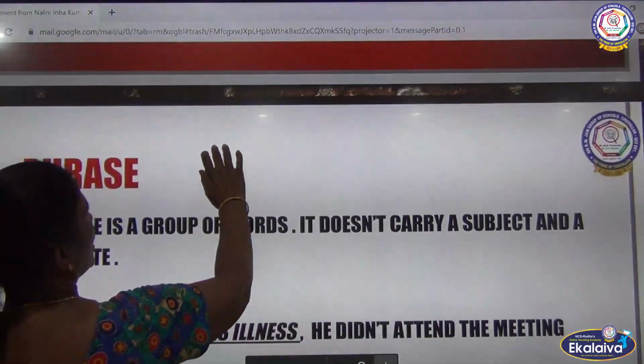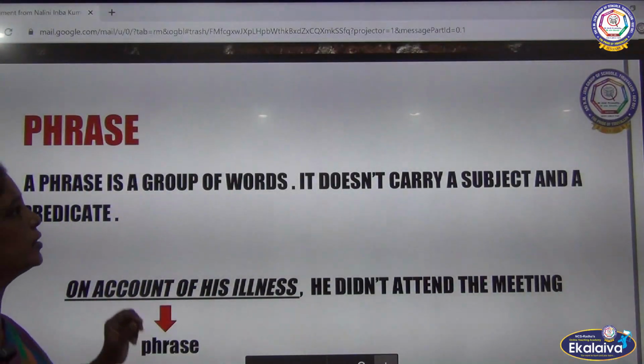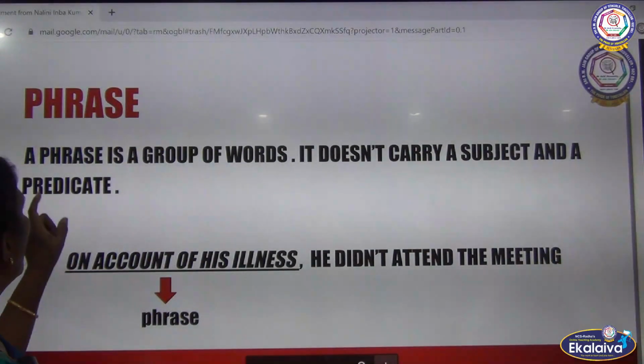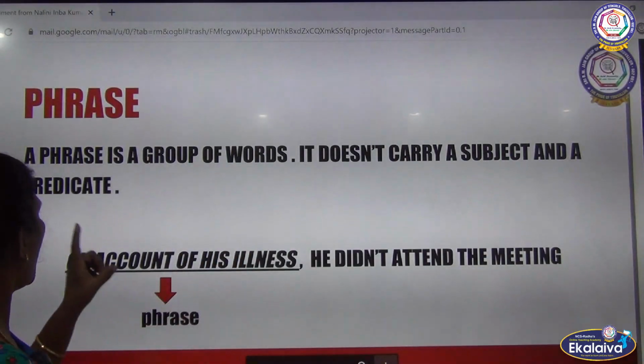Now you understand what is a phrase. What is a phrase? A phrase is a group of words. It doesn't carry a subject and a predicate.